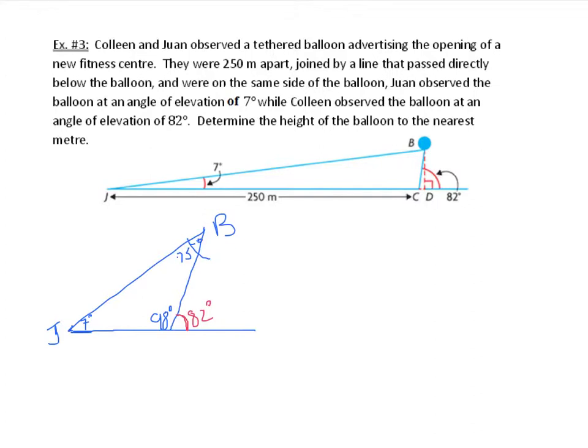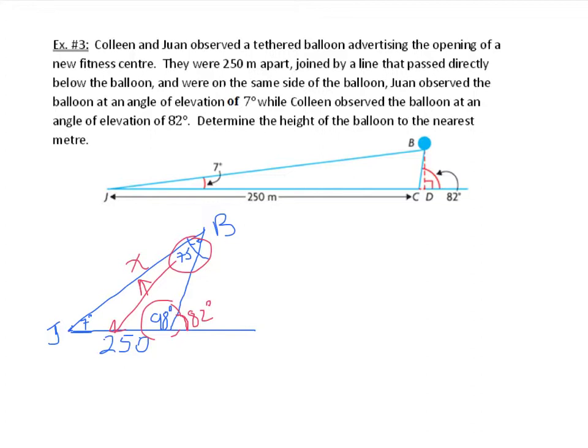Alright, now we know the bottom here is 250, and we're trying to find this length right here. That's our first step. Find the length of JB. Okay, so we're going to use the sine law for that, because we have an angle and the unknown side x, and another angle and our known side.